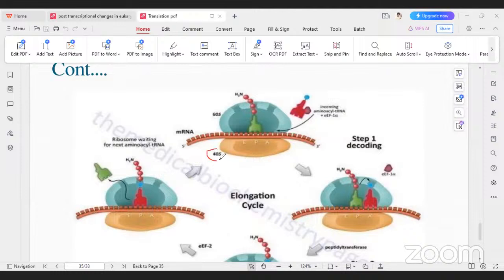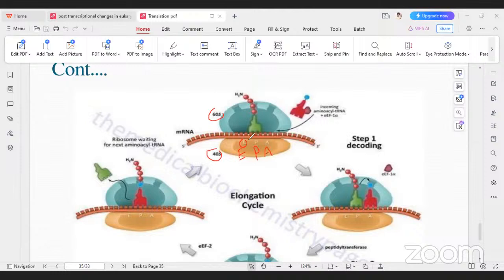This is the 40S subunit, 60S subunit, E site. Are you able to see the E site? Is it clearly visible or not? Yes, sir. E site, P peptide site, A site.